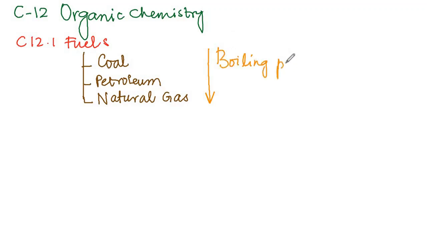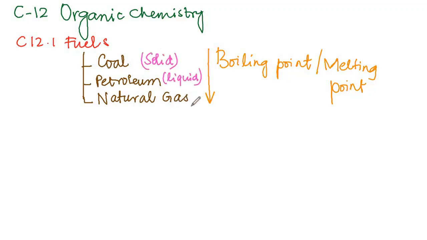A decrease in the boiling point means natural gas boils at a lower temperature and coal has a very high boiling point or melting point. This means coal is a solid, as compared to petroleum, which is a liquid, and natural gas is a gas. The main constituent of natural gas is methane.